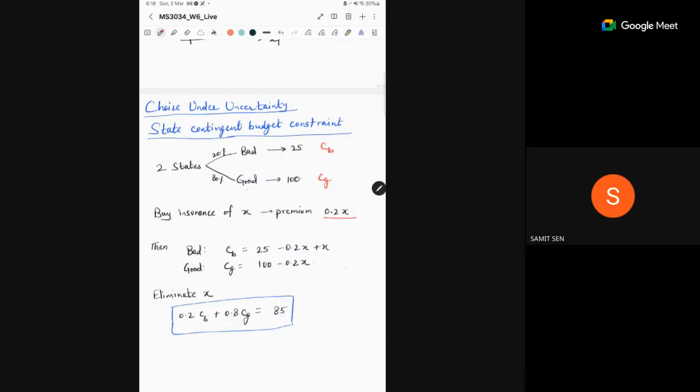If this is the situation, then we can derive a state contingent budget constraint, we can derive our expected utility function, and from that we can do the same analysis and come up to our optimal consumption point. So how do we do that? What is the meaning of insurance?